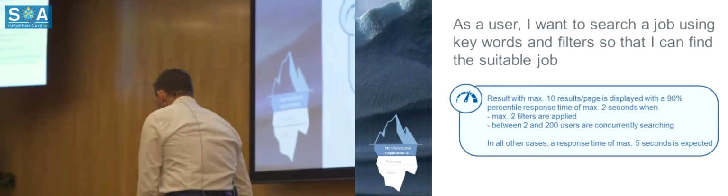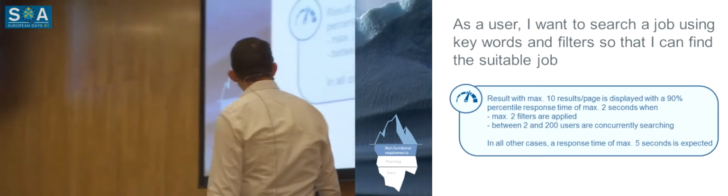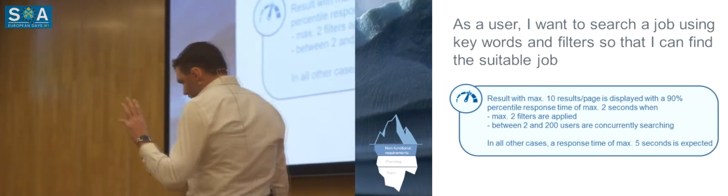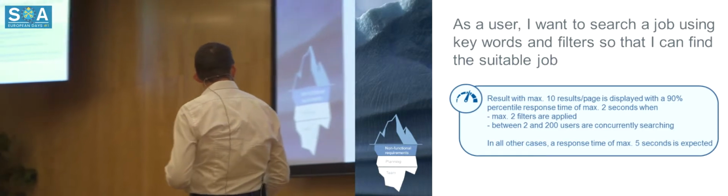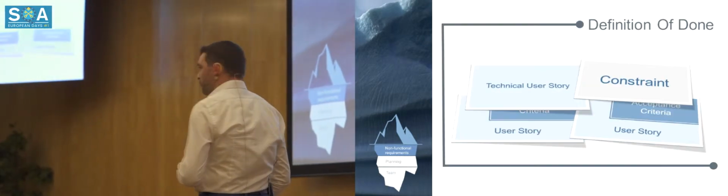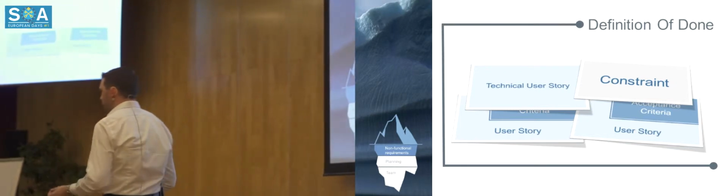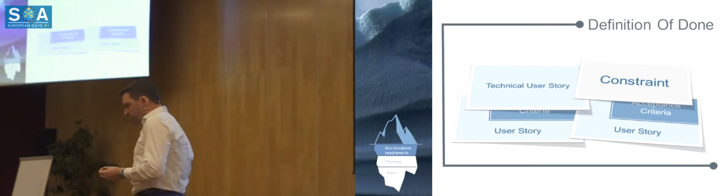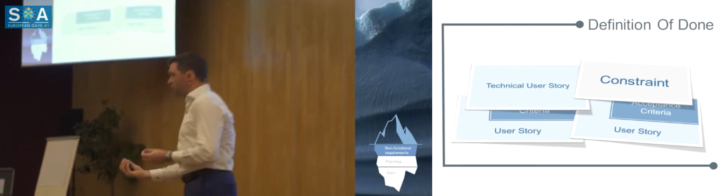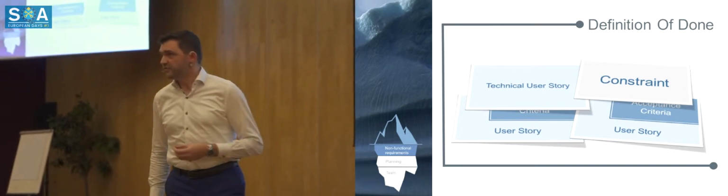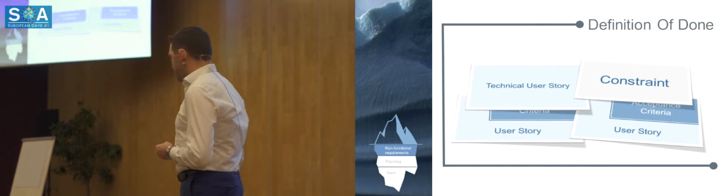How will we integrate both parts of the information? I have several ideas. First of all, every user story has acceptance criteria. So we just add the non-functional requirements to the other existing acceptance criteria.